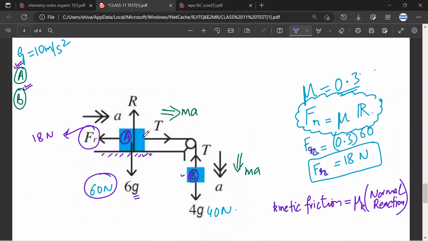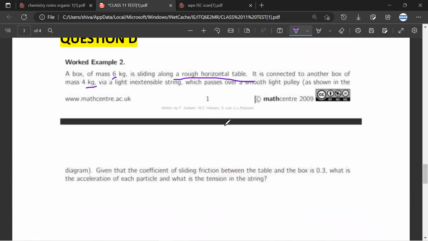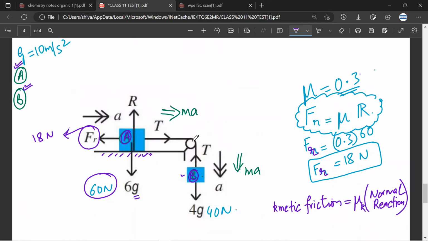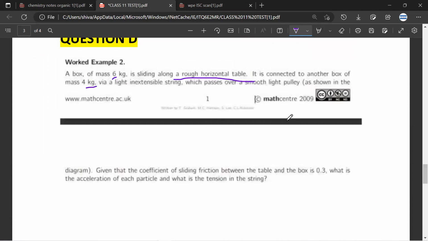So this is a smooth light pulley. It is inextensible. The pulley has to be light because if the pulley has mass, it will add a few other things which we are not adding now.